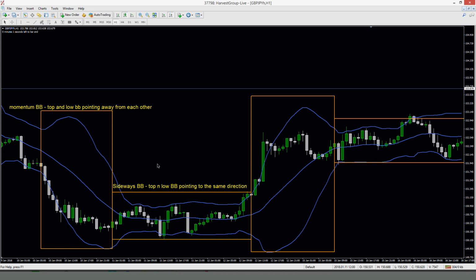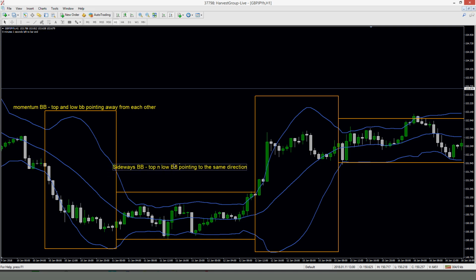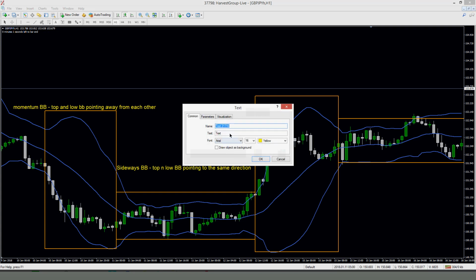The most important thing about sideways blinker band is we need to tell ourselves that every time a candle breaks or rejects top or low BB, it's going to go back to middle BB.